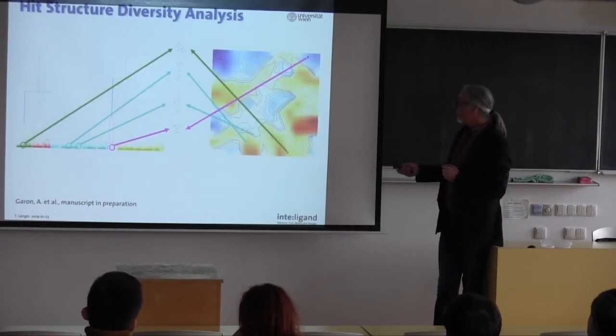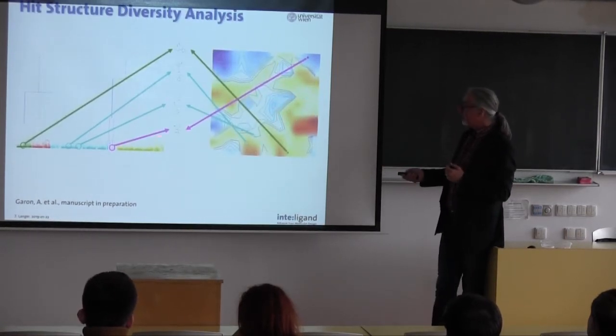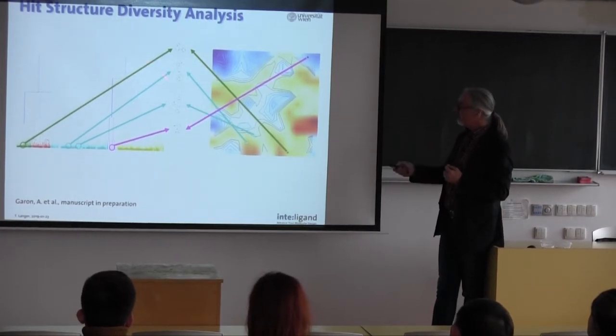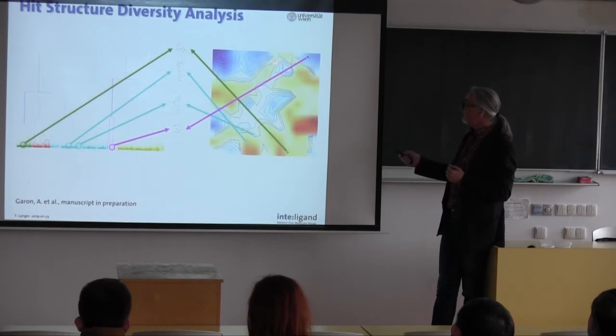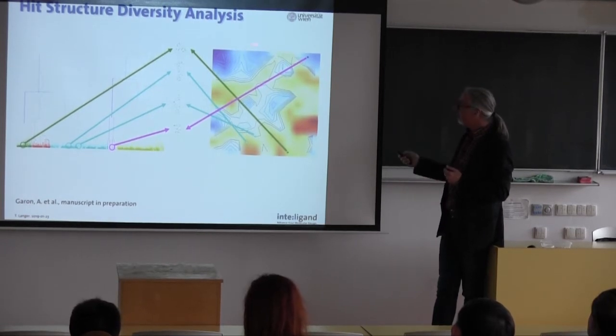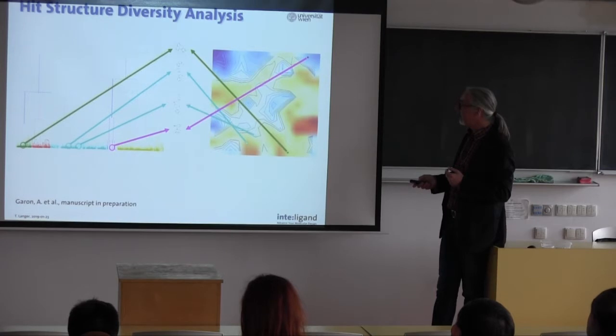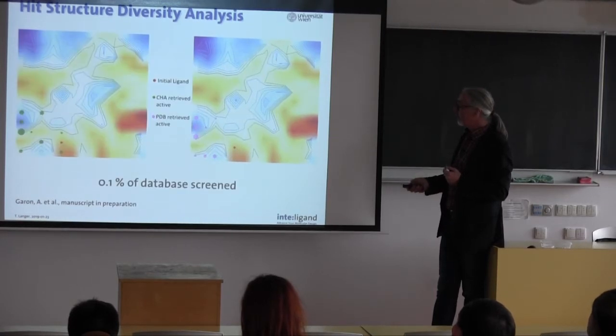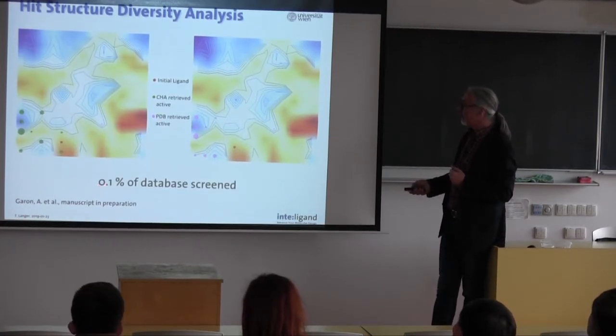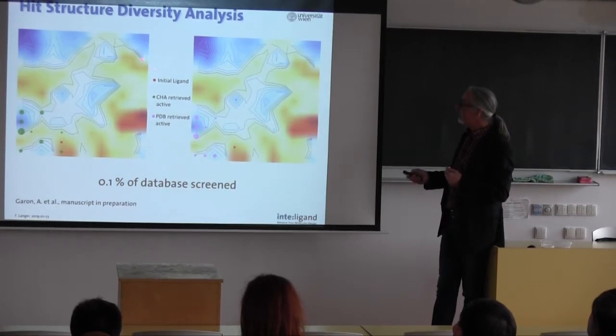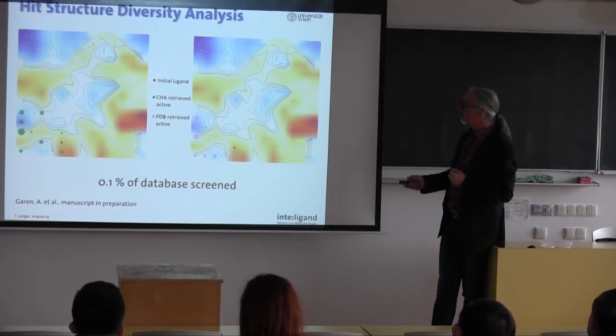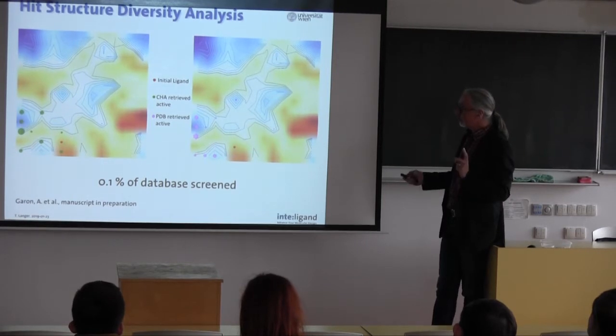And so we can then also compare the structures in this dendrogram here on the left side, hierarchical clustering, to the projection into this self-organizing network. So when we look here at the first 0.1% of the database screened, you can see here the common hits approach retrieved hits, and here the hits that are retrieved from the PDB model.